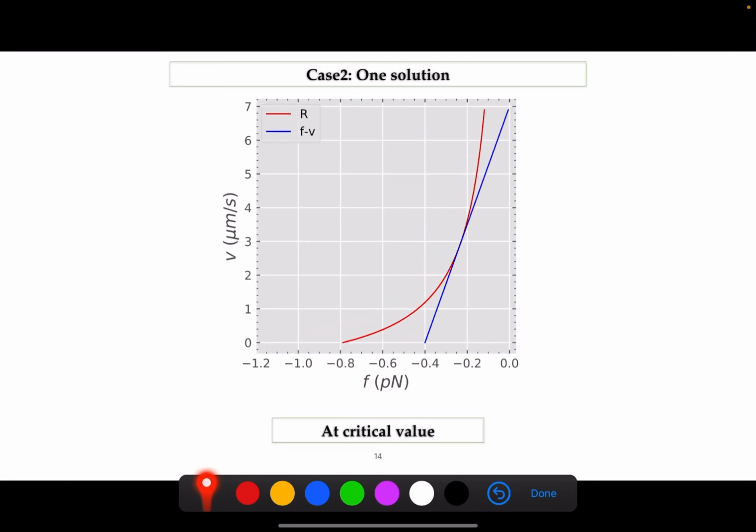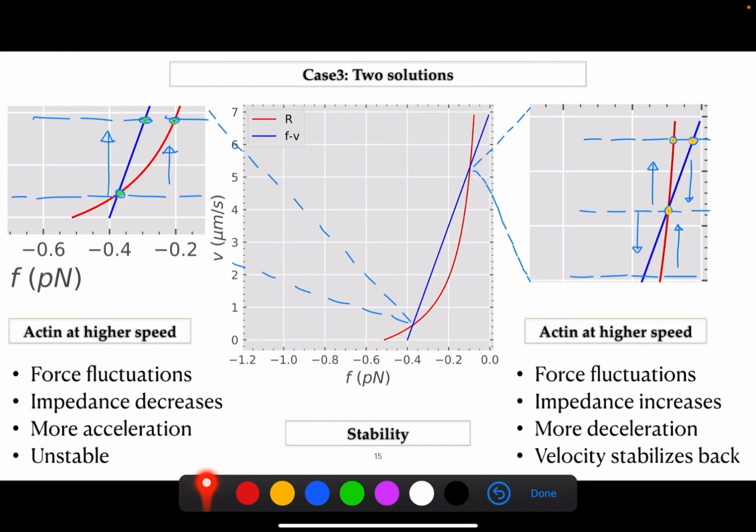The second case is at a critical value of the motor ratio, and there is only one solution. The third case has 2 solutions, the high-speed solution and the low-speed solution. We need to evaluate for the stable solution.